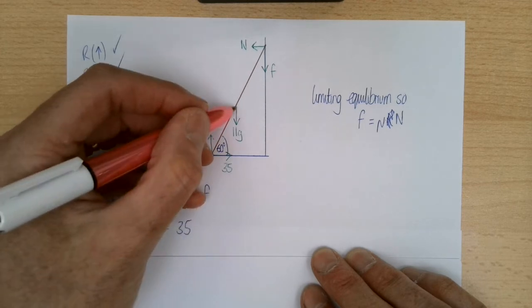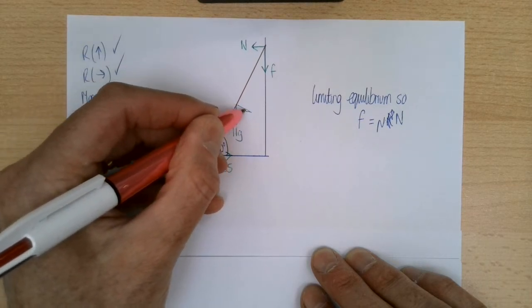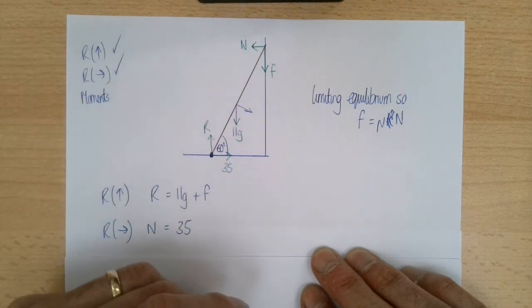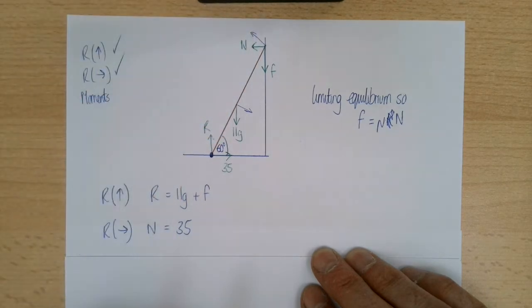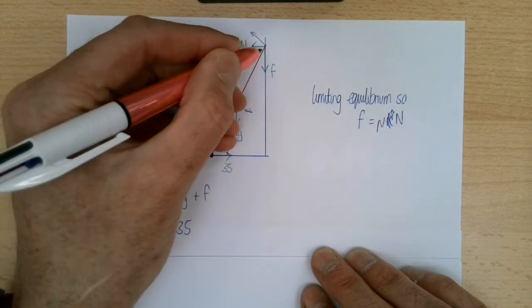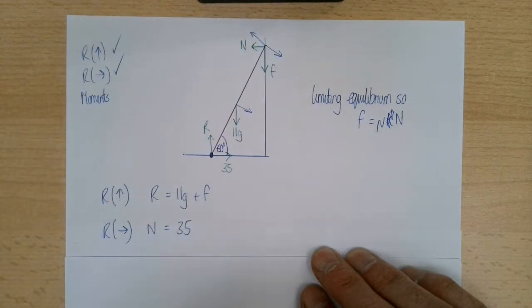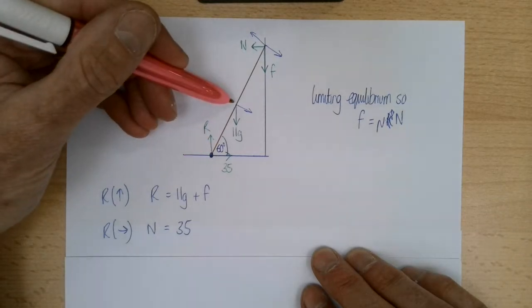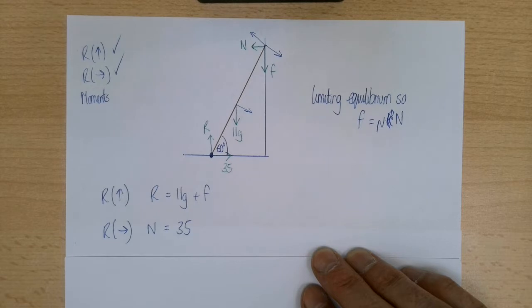So for example, this weight, I need to know its component perpendicular to the ladder. This, I need to know its component perpendicular to the ladder. And this, I need to know its component perpendicular to the ladder. I also need to know the distances, which are nice and easy, because that's at 3.5 meters, and that's at 7 meters. We're told that in the question.